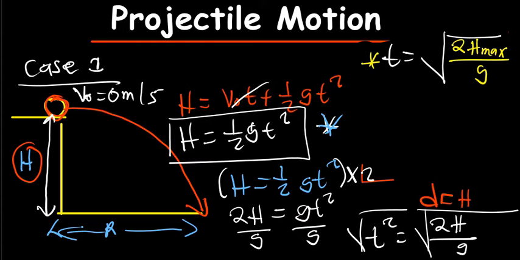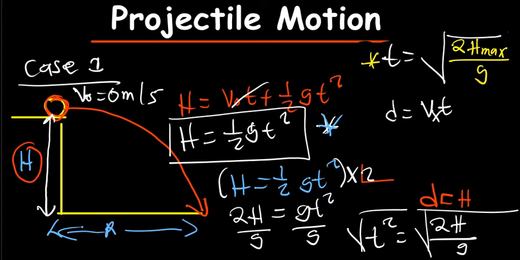Now, in a case where you want to find the range, remember, it is the horizontal distance. For the horizontal distance, the velocity will not change. In this case, you have not been given the velocity, but they will definitely give you the velocity. Speed is equal to distance over time, so distance is equal to v times t. But which v are we talking about? When we're talking about range, it is the horizontal distance, so I'm going to specify vx.